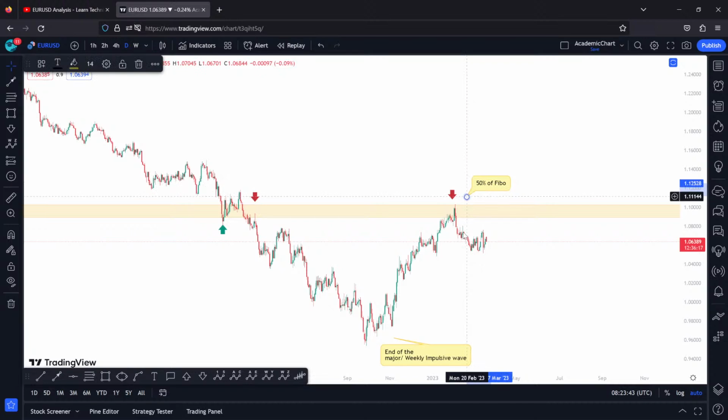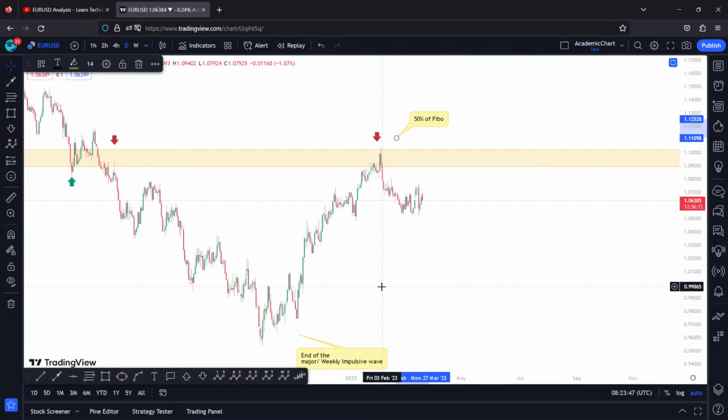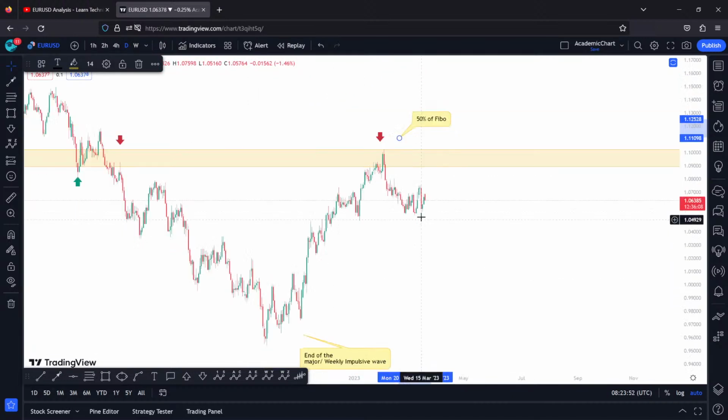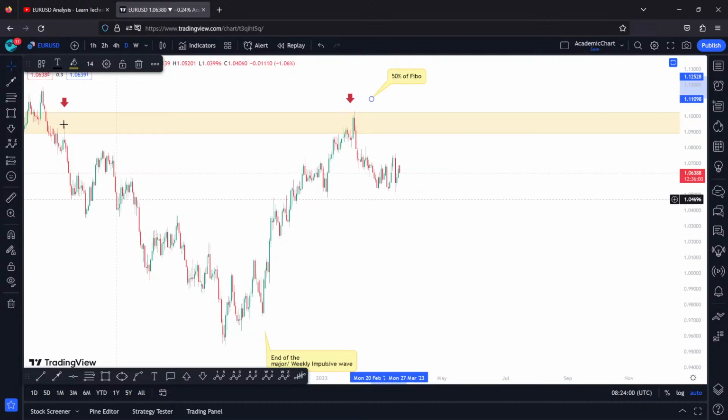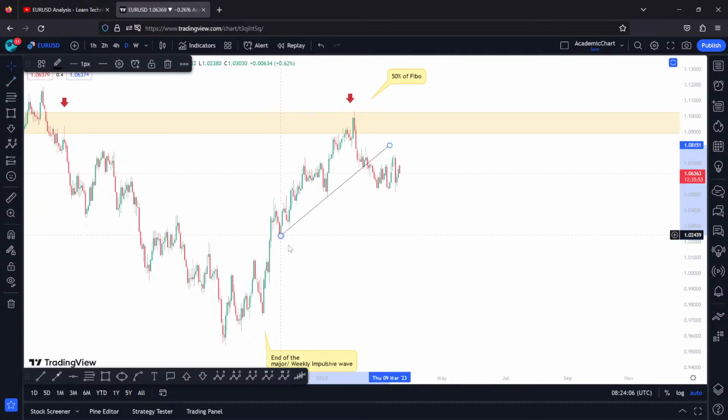Let me take a look at this one in the daily. This momentum, this uptrend, was a corrective structure, or at least a sort of corrective structure. We don't know how it is going to impact, but the one thing I'm interested in is to draw a trend line.